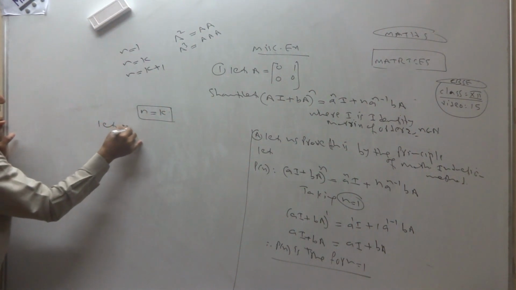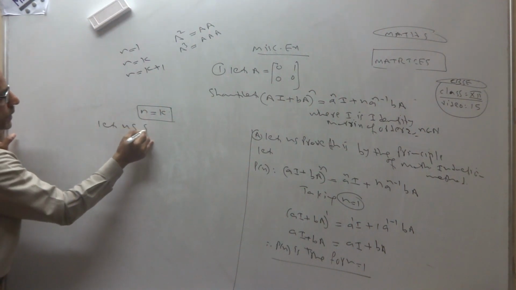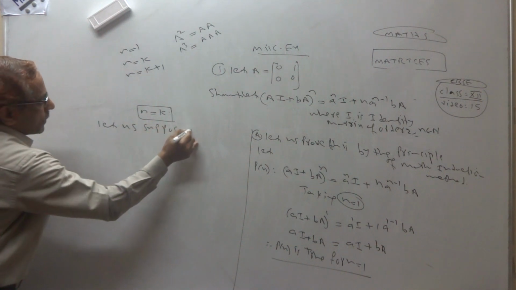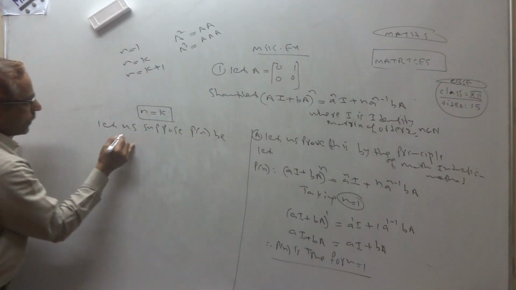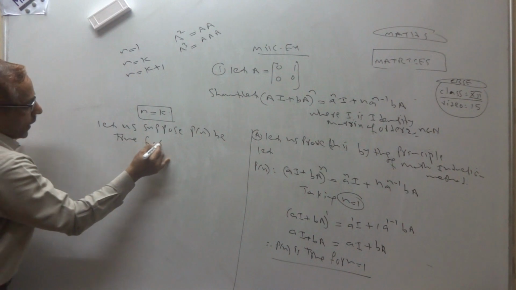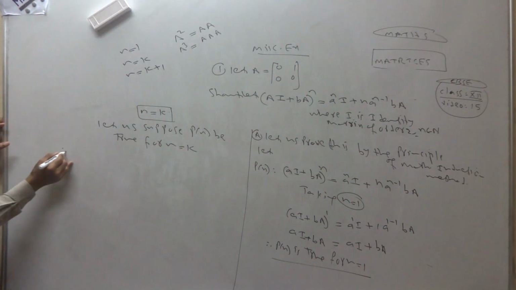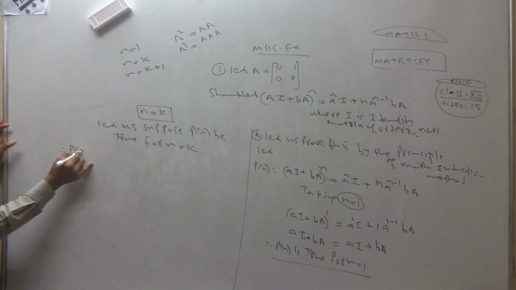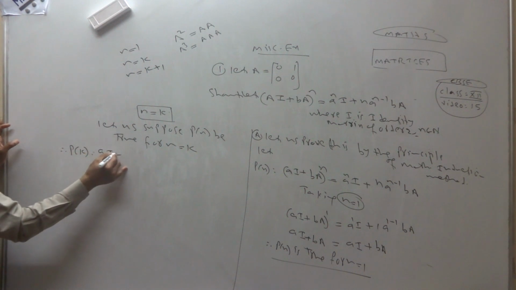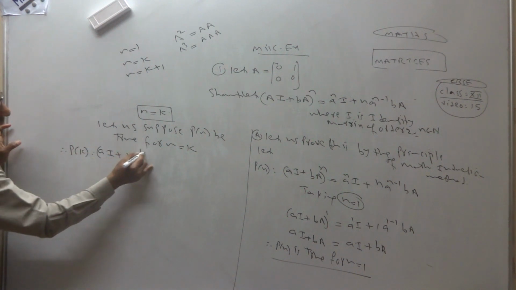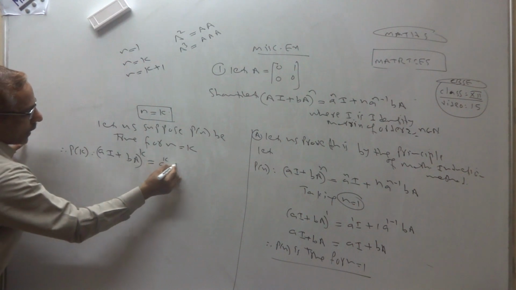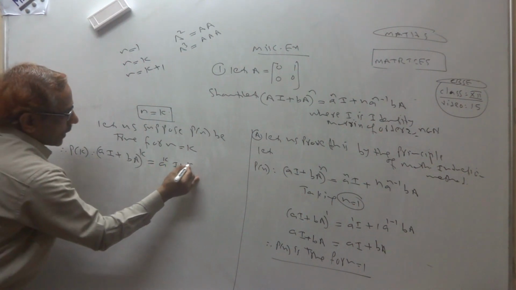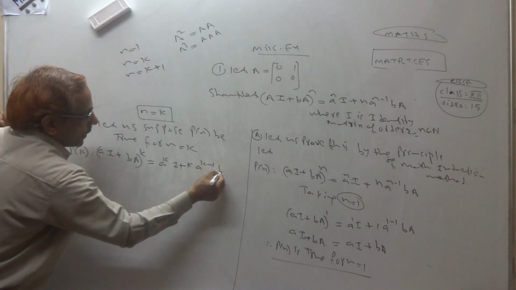Let us suppose P(n) is true for n equal to k. So P(n) becomes P(k): (A I + B A)^k is equal to A^k I + k A^(k-1) B A.